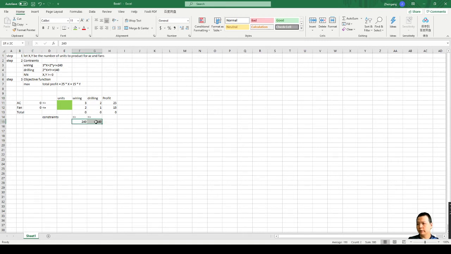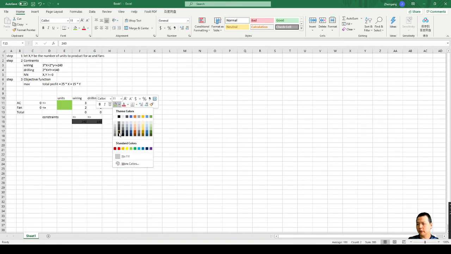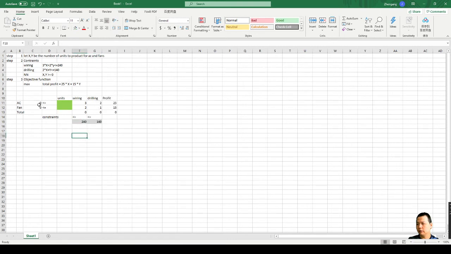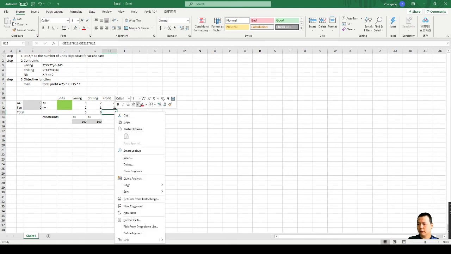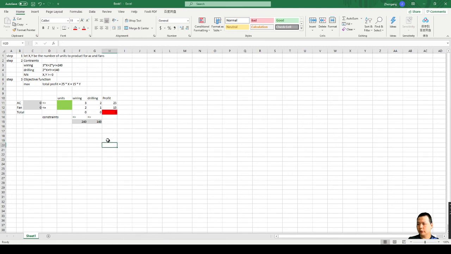Those are constraints. Let's make it a different color here. And finally, this is the objective function. By changing these two cells, we want to get this one, the max.